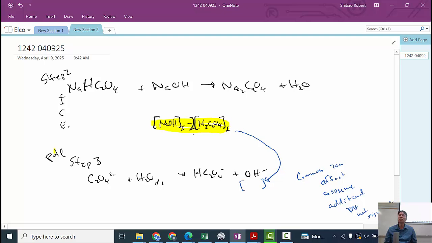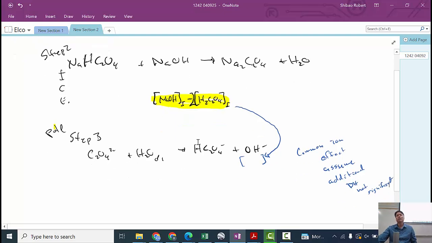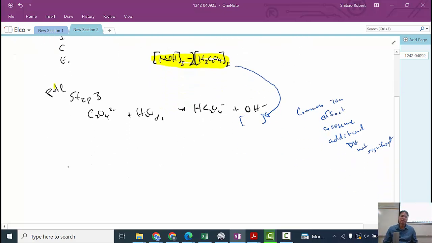If it gets down low, like 10 to the minus 7 or 10 to the minus 8, then we have to worry that the weak base would be a contributor. But let's see what the concentration comes out to here. Actually, we know, because we want the pH, so we're going to skip this step and go back to here. I'm going to stop at step 2.